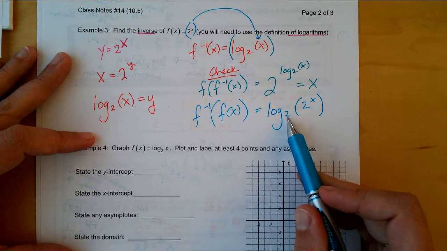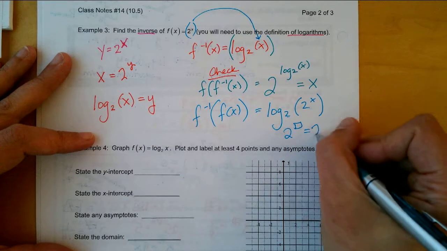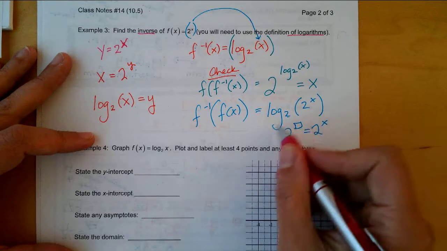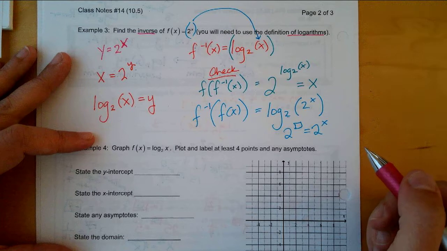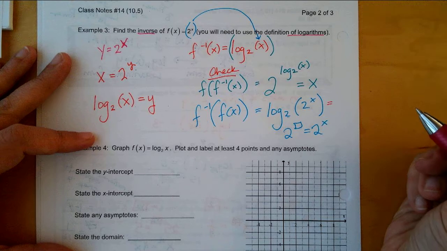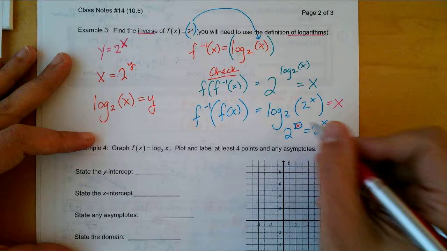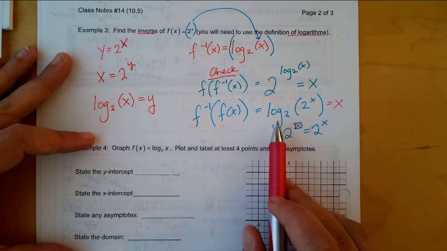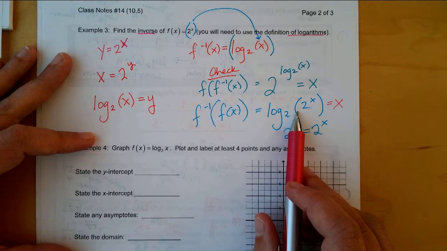This is saying a base of 2, 2 to the what power gives me 2 to the x. What's the missing exponent? X, right? The only thing that would make this true is if I have x here. So what we've just shown is that log base 2 is the inverse of 2 to the x.